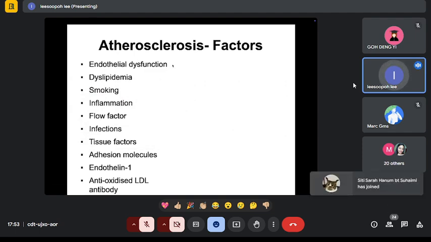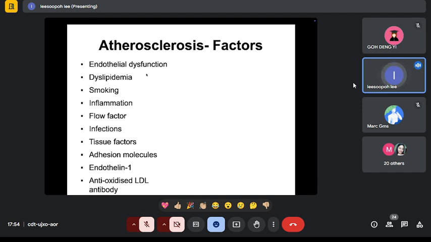So this is just a summary. You do not need to remember all those fancy terms that you do not understand. Mainly remember, smoking is the highest risk factor, then uncontrolled hypertension, high cholesterol, and then flow factors, which means that you have very thick blood due to smoking or erythrocytosis.